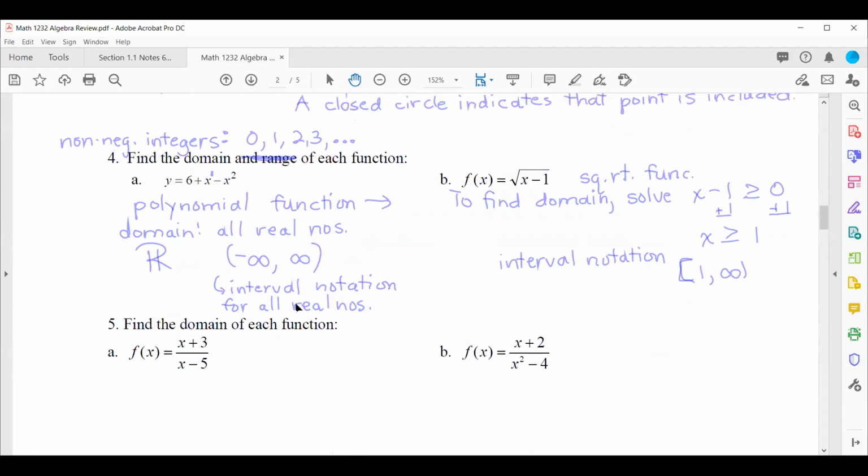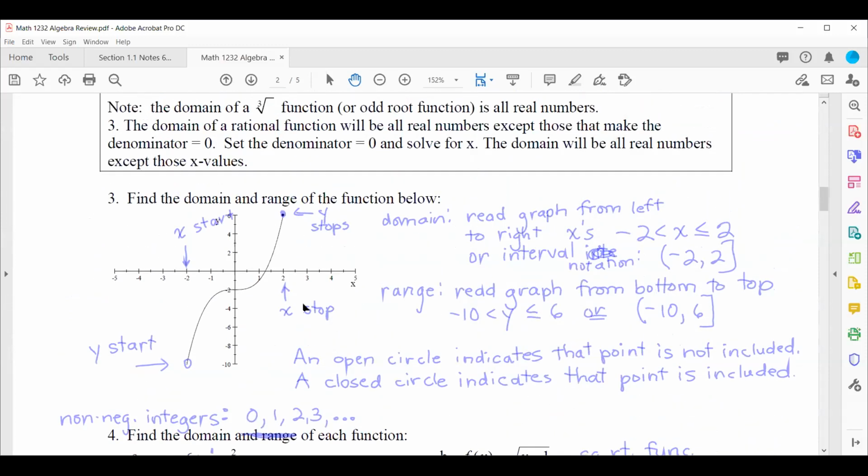Okay, the next problem, this is what we call a rational function. So I'm sorry to say, these will be the kind that you don't like. The rational function has a variable in the denominator, and that is not the easiest case of everything we do.